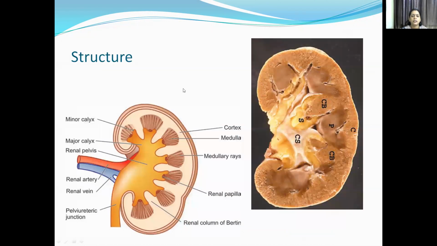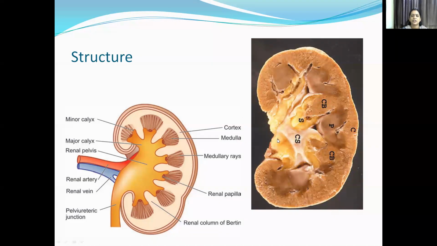So coming to the kidney structure, this is the gross section of the kidney. Then you can see here the cortex. These are the columns of Bertin, the renal pyramids, the sinus and the collecting system. So this makes the renal pelvis, this is the medulla and this is the cortex.